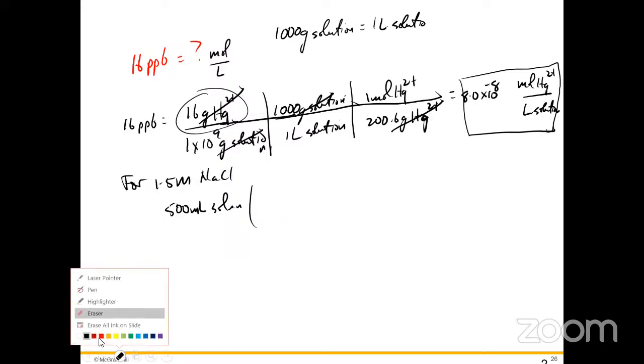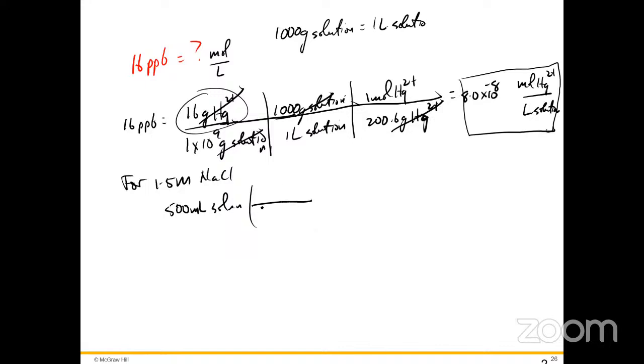So what I'm going to do is convert this to liters. So in other words, I'm going to have 1 liter of solution above and 1,000 mL of the same solution below. And then the next conversion factor is where I multiply by the molarity, which is 1.5 moles of NaCl for every 1 liter of solution.